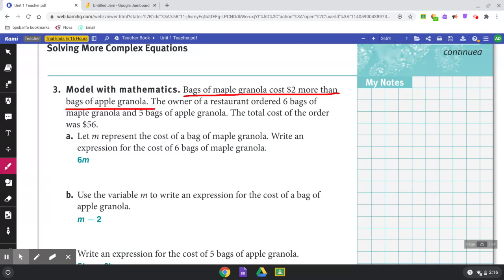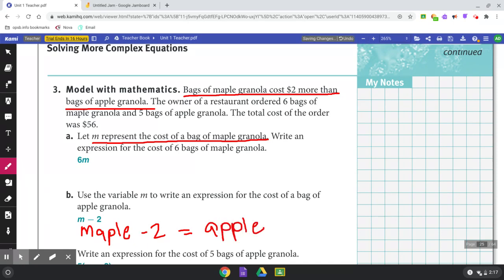So if a bag of maple is M dollars, because we got that from part A, M represents the cost of maple. So M, the cost of maple, minus 2 would give you the cost of apple. So we got M minus 2 equals apple. That expression represents the cost of apple granola.